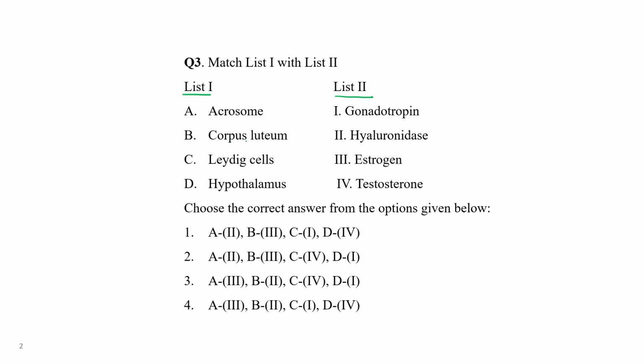Corpus luteum, Leydig cells, similarly hypothalamus, and we have to match these with their corresponding hormones. In list 2, they have mentioned gonadotropin, hyaluronidase, estrogen, and testosterone. We have to correctly match the hormone with the respective location. Take 5 to 10 seconds, and after that we will discuss the correct answer.